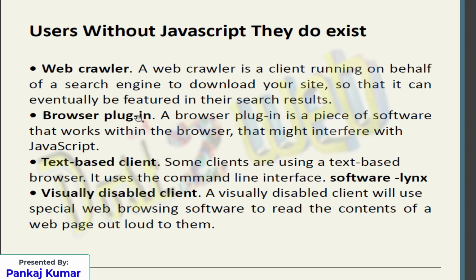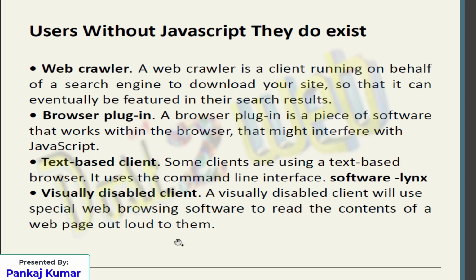You might have seen that when you are watching YouTube and want to block all the advertisements that come in between, you use a YouTube ad blocker plugin. Another is text-based clients. Some clients use a text-based browser with a command interface, for example software called Lynx.